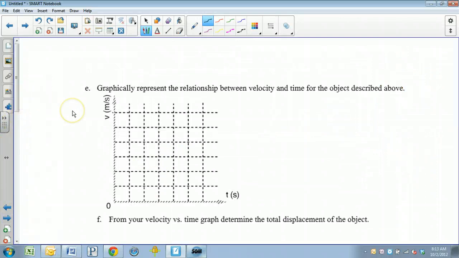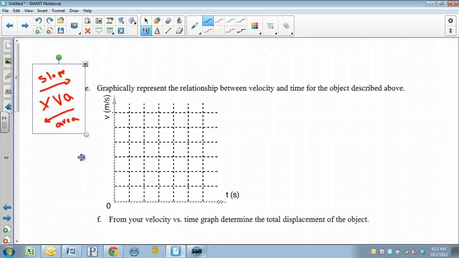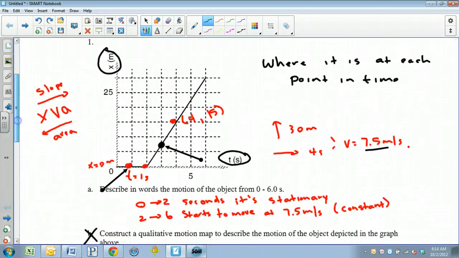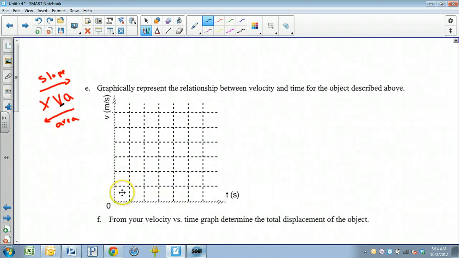Now we're asked to graphically represent the relationship between velocity and time for the object. If we remember, I have this copied. Let's paste that. There we go. We know the velocity is created from taking the slope of the position graph. On the position graph, our slope is 0, and then our slope is 7.5. So for the first 2 seconds, we're traveling at 0 meters per second.